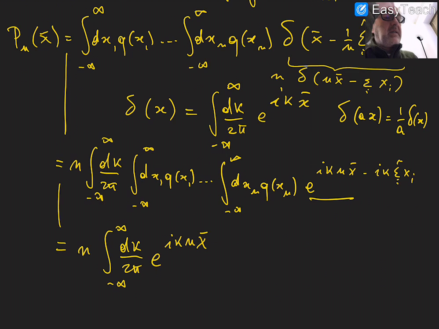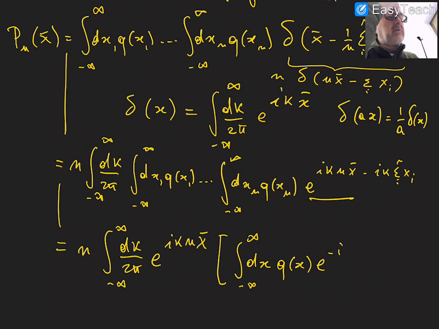So at the end of the day, what you have is just an integral from minus infinity to infinity in dx of q of x e to the minus ikx raised to the power n.